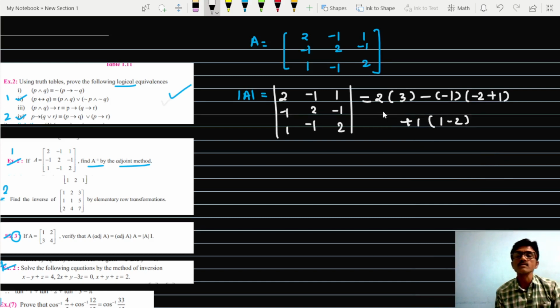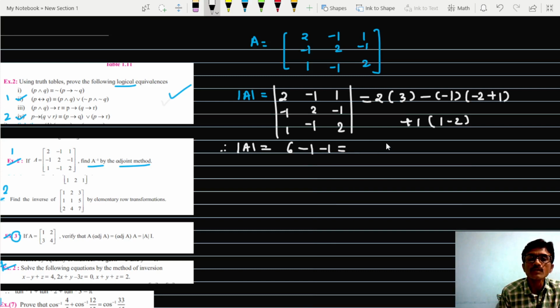So what will be the answer? 6. Therefore determinant of A is equal to 4, which is not equal to 0, so A inverse exists.